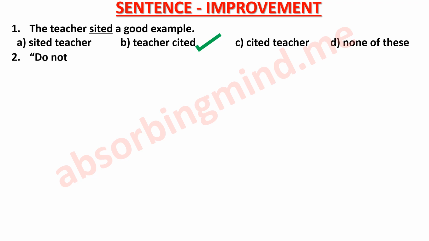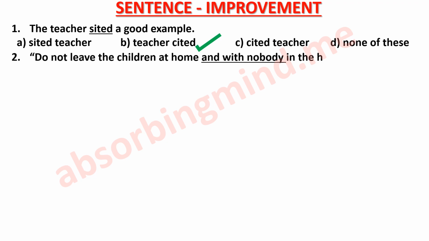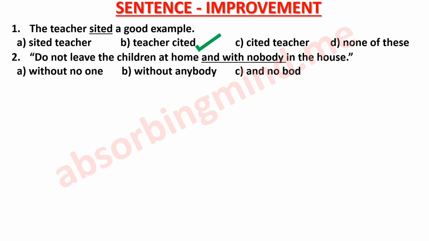The next example is, do not leave the children at home and with nobody in the house. And the options are without no one, without anybody, and nobody, and no change.